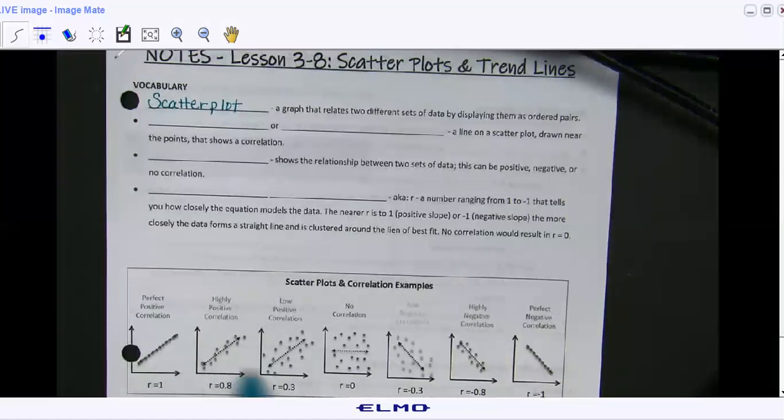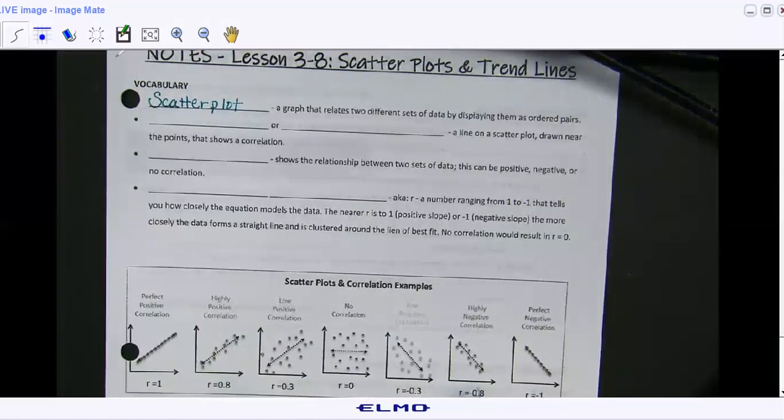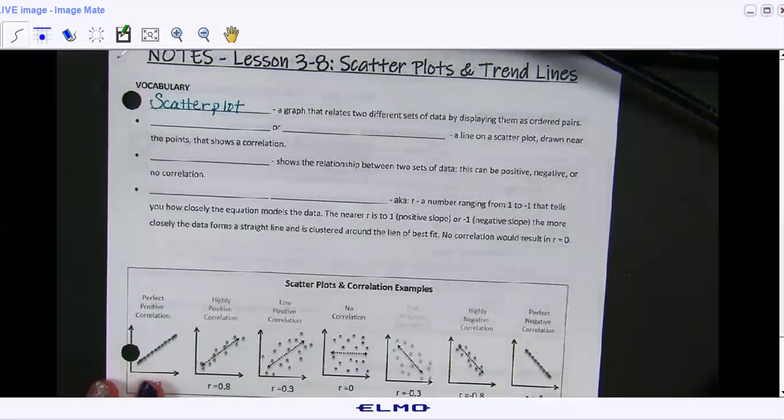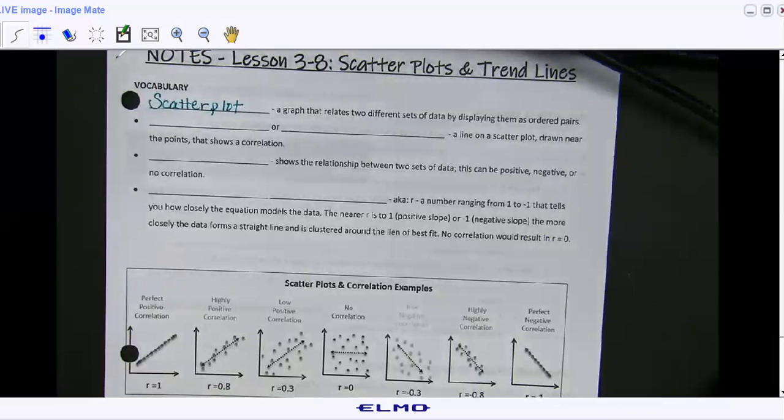you look at these graphs down here, you'll see these 5 right here. Notice it's not a linear equation that's been graphed. So when we want to find an equation of a scatter plot, we have to find something called a trend line, or the line of best fit. And basically you draw a line in the middle of your data that touches as many points as possible.